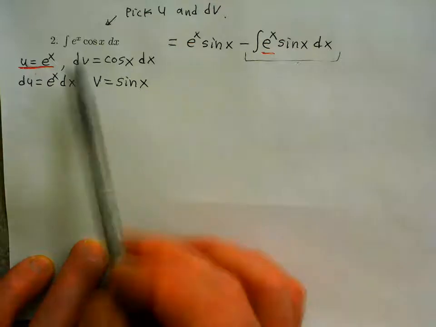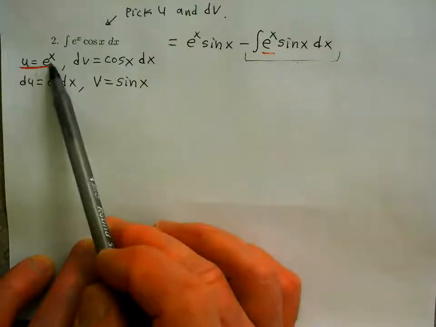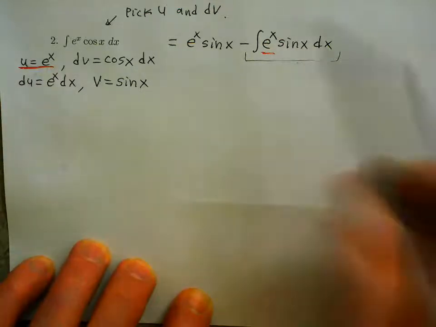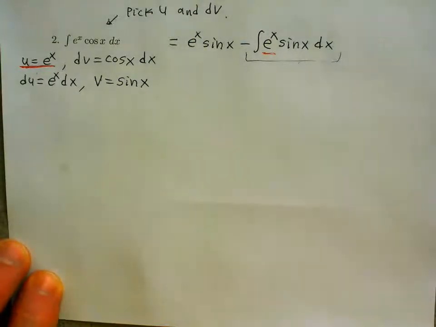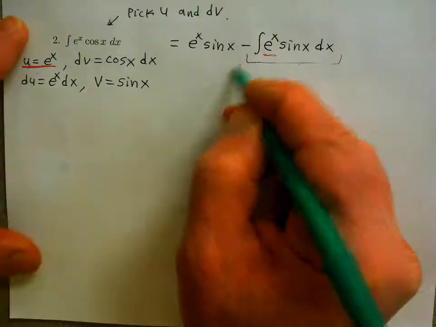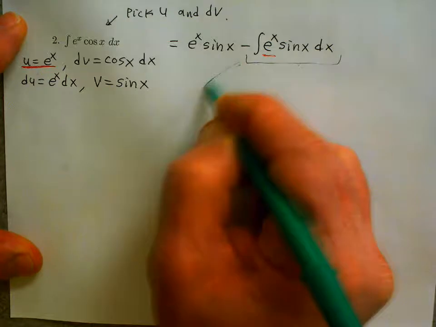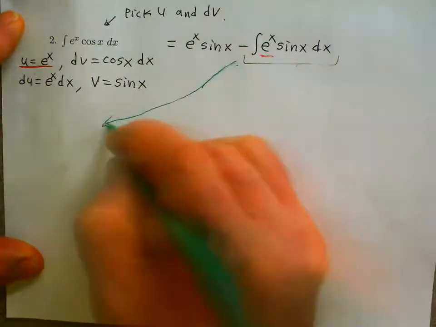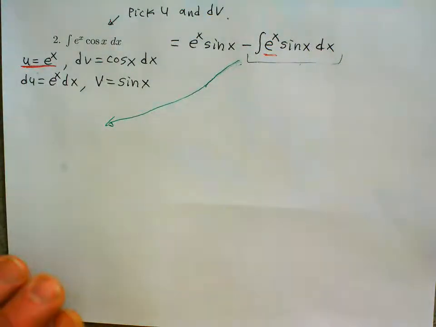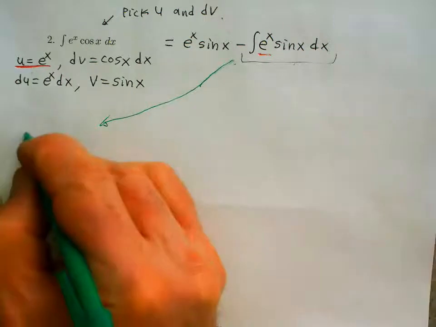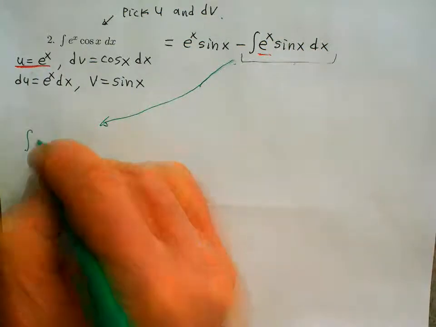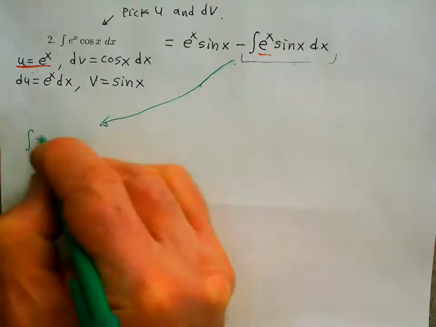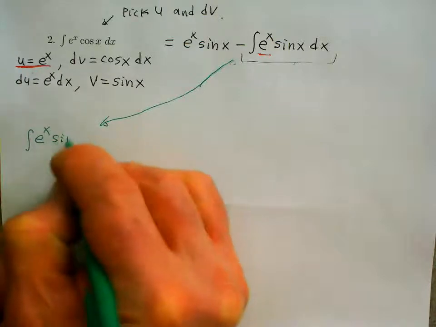Okay, so in the first case, I picked u to be e to the x. Let's look at this in isolation over here. Just treat it as its own entity for right now. So the indefinite integral of e to the x sine of x dx.